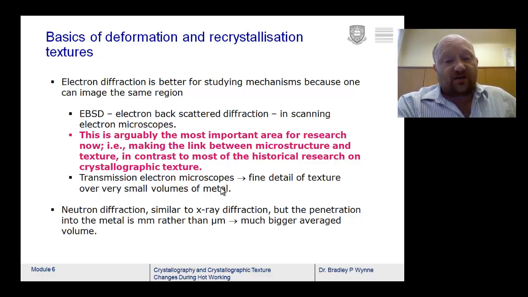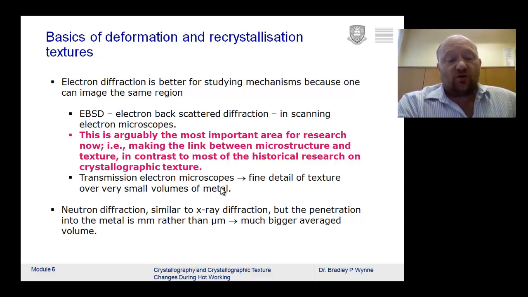Electron diffraction is better for studying mechanisms because one can image the same region. EBSD, electron backscatter diffraction in scanning electron microscopes, is really amazing. It makes the link between microstructure and texture, in contrast to most of the historical research on crystallographic texture. Transmission electron microscopes can also define some fine detail of texture over very small volumes of material.